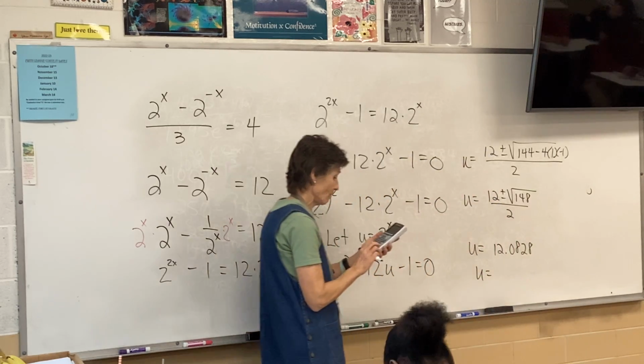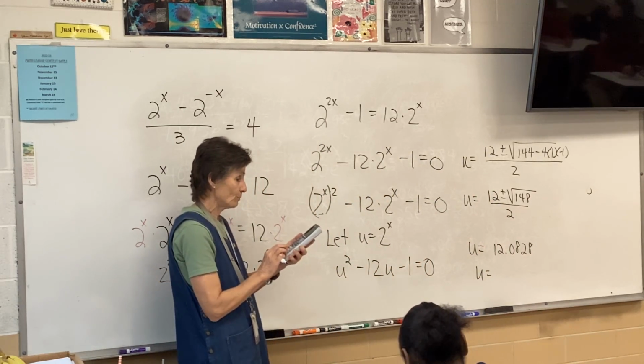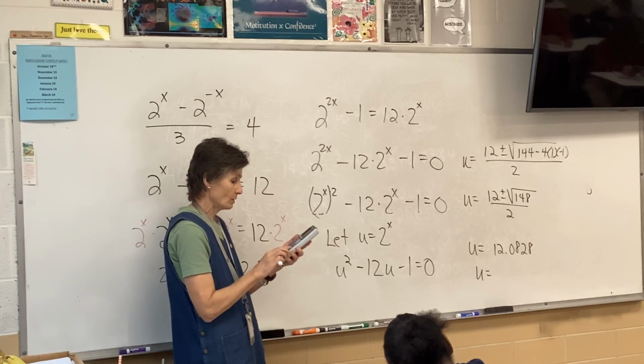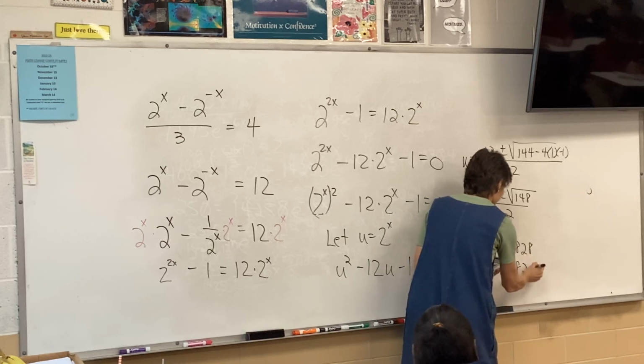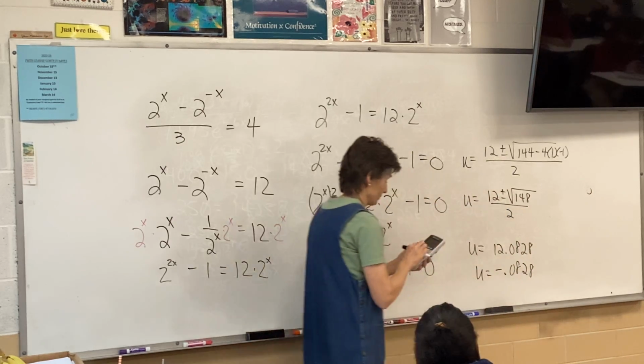And then 12 minus the square root of 148 equals, divided by 2, I got negative 0.0828.